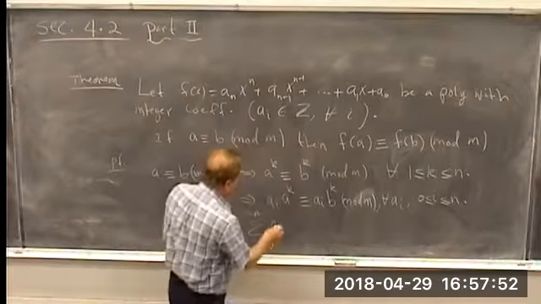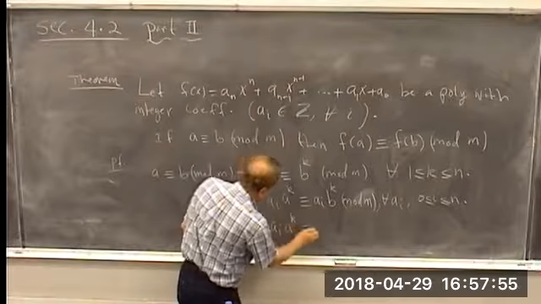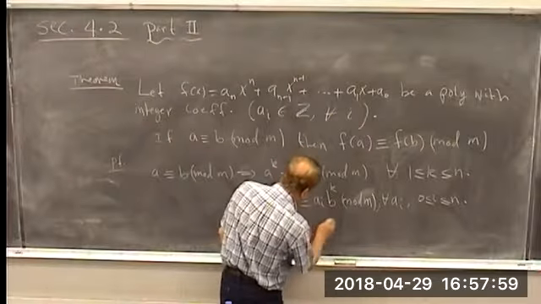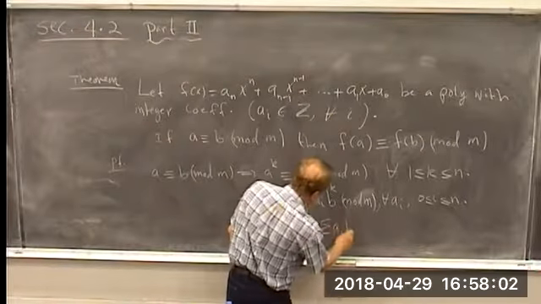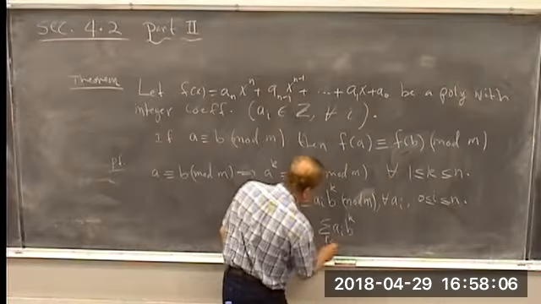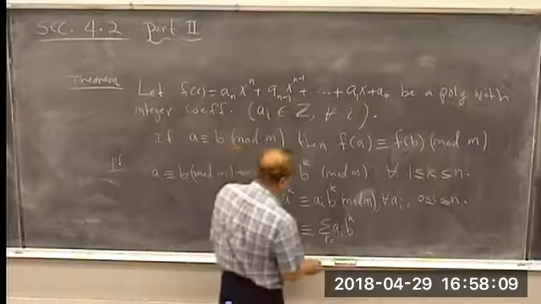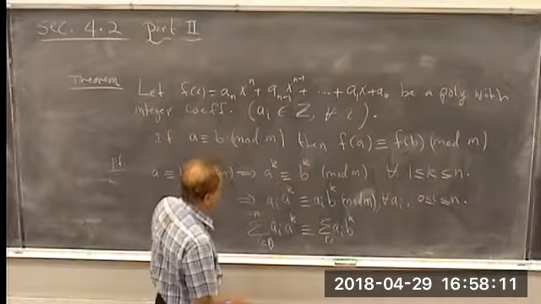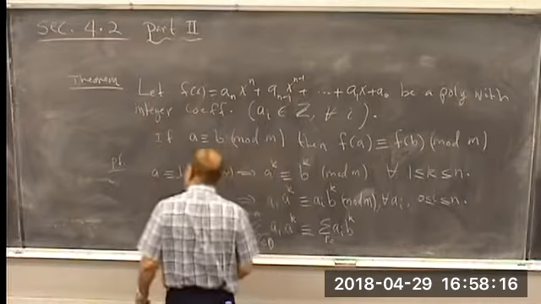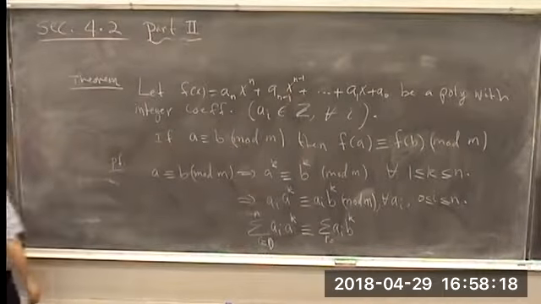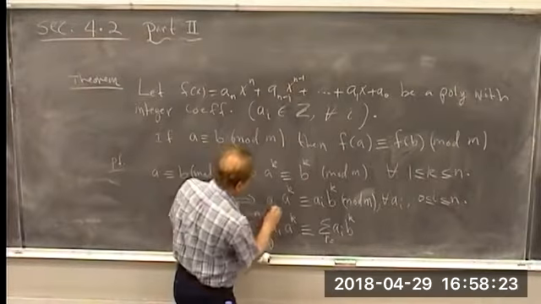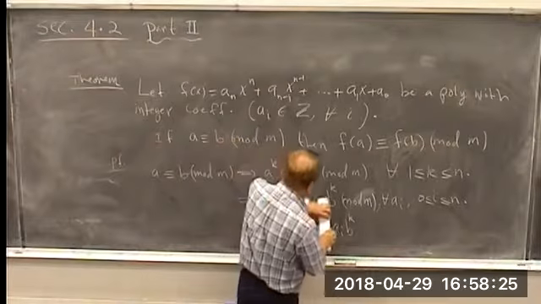So if I use the summation, which means adding them all together, then we have the sum of A sub I times B to the K. Let me actually use here A to the K instead of I, using the same index.